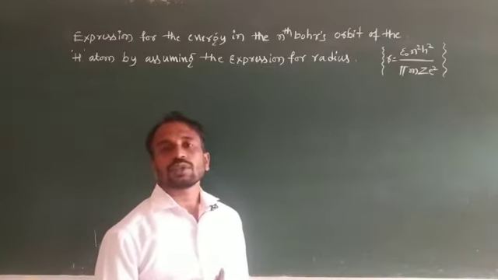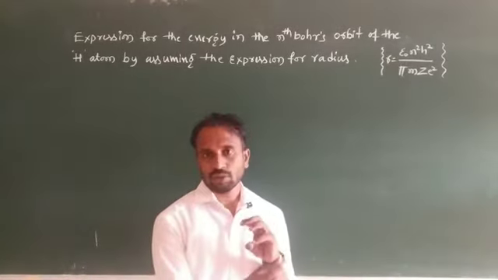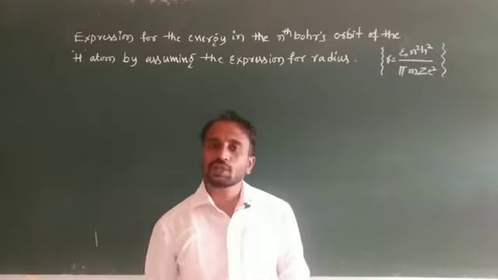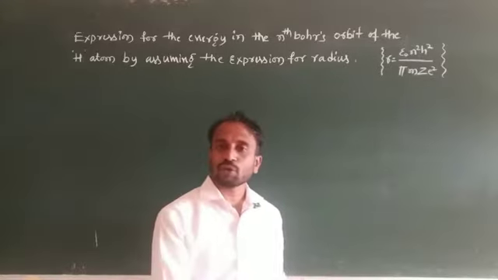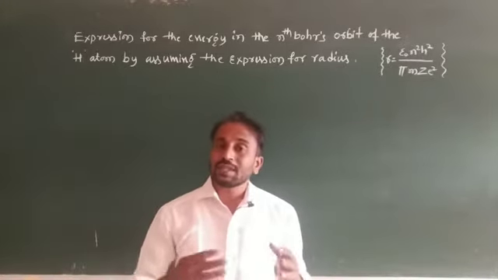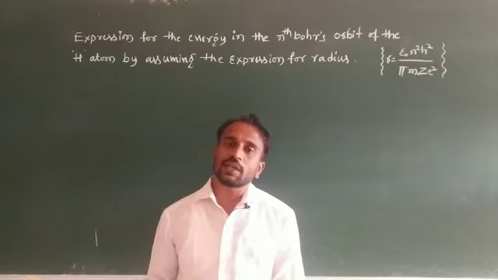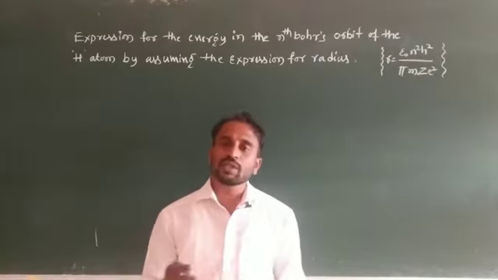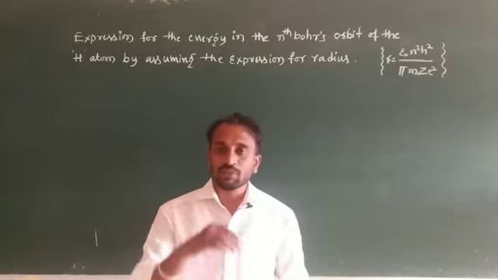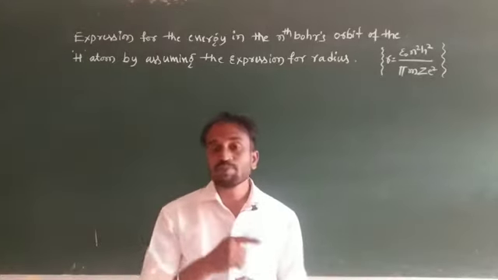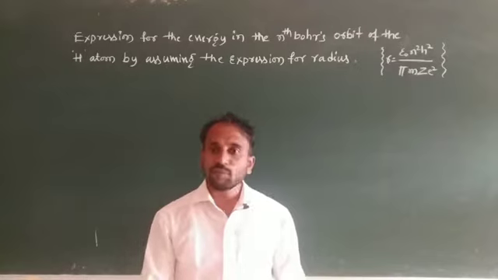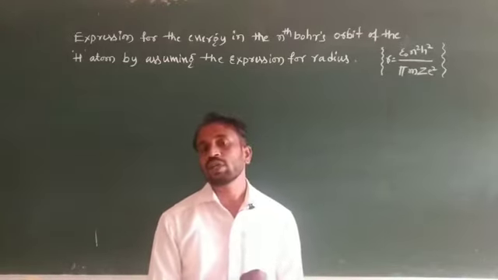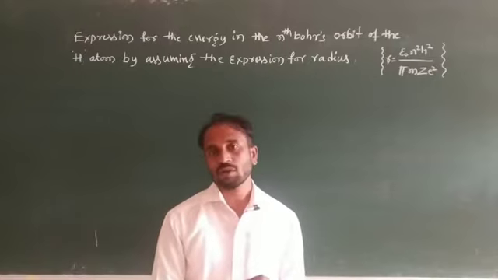We want to calculate the energy of this electron: first the kinetic energy, then the potential energy, and total energy is equal to kinetic energy plus potential energy. So we get the energy of an electron present in a particular orbit.